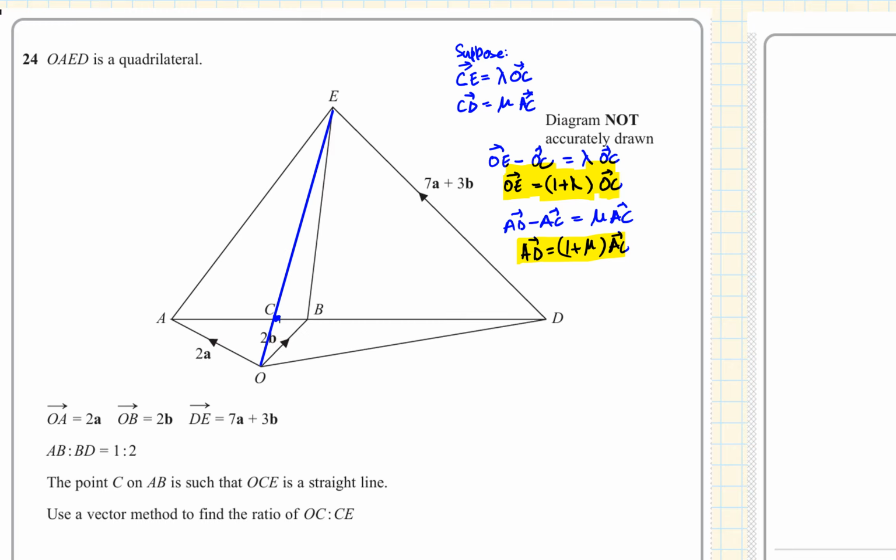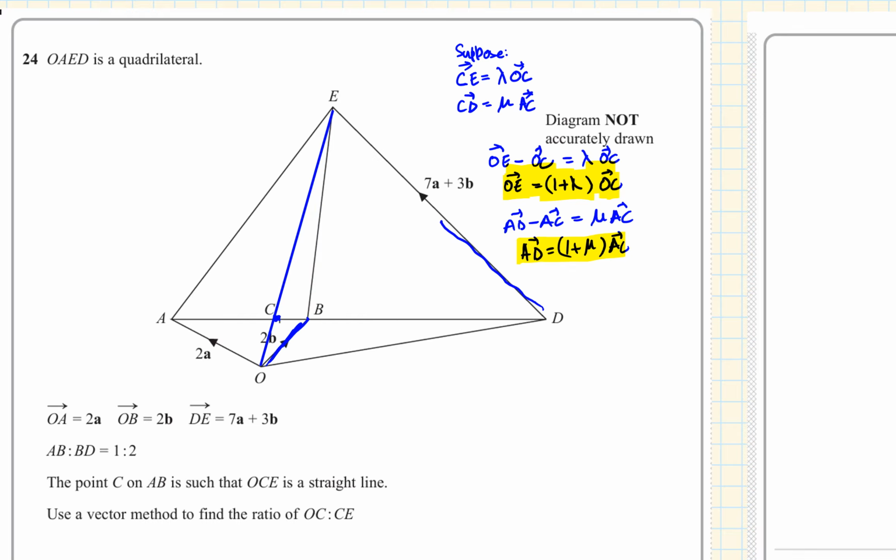So now I go back to the facts that we've been given, and I can start with writing OB plus BE is equal to OE. Now we don't know what BE is. So OB plus BE is equal to OE, right? So then BE we need to find, and BE is equal to BD plus DE.